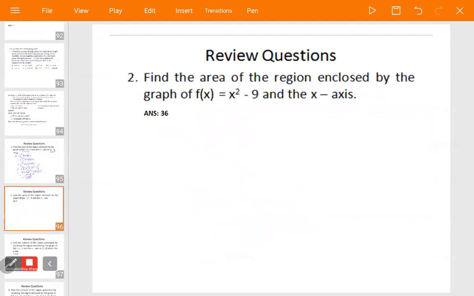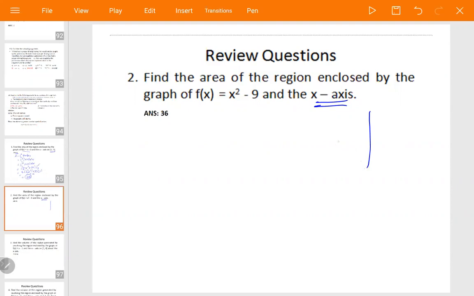Next, question number 2. Find the area of the region enclosed by the graph of f of x equals x squared minus 9 and the x-axis. Here, closed interval is not given.